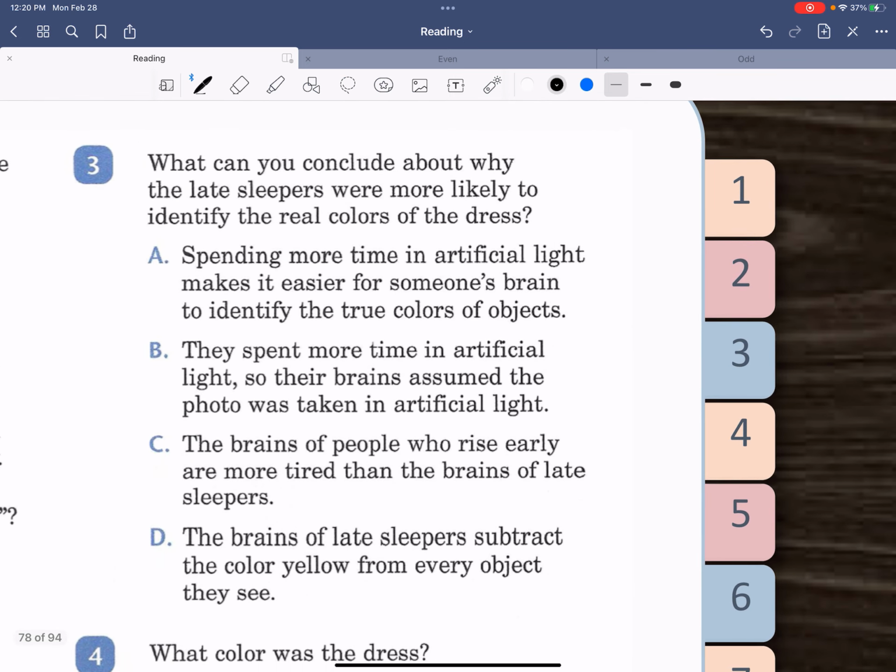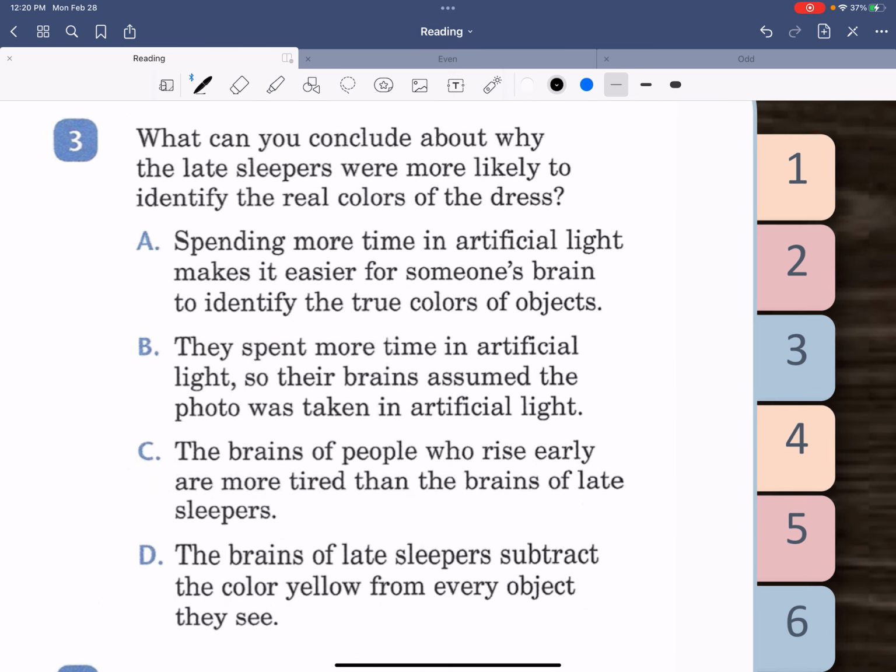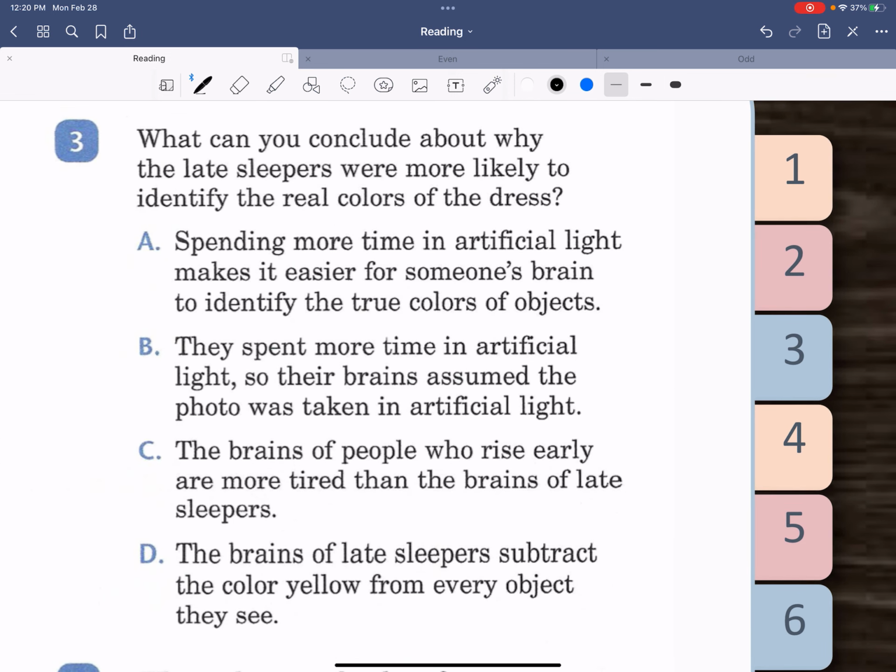Alrighty, number 3. What can you conclude about why the late sleepers were more likely to identify the real colors of the dress? Okay, let me think. Late sleepers, these are people who don't get up at sunrise. Spending more time in artificial light makes it easier for someone's brain to identify the true colors of objects.